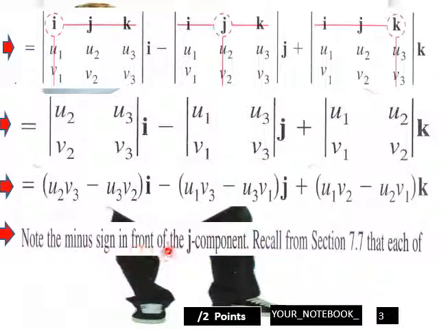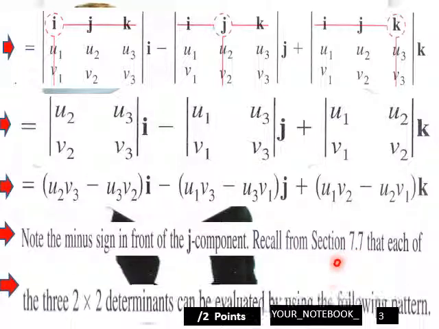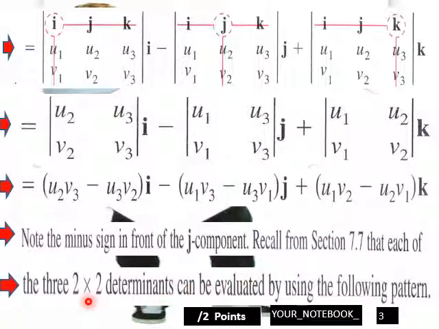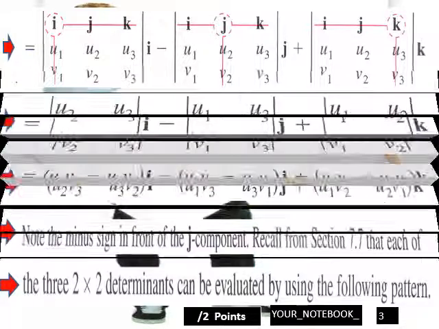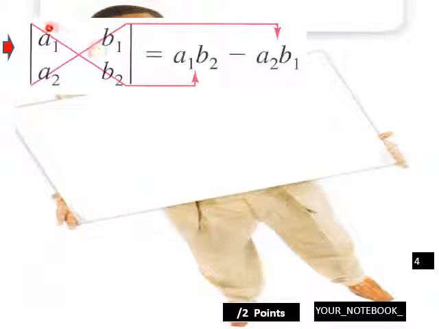Note the minus sign in front of the j component. Recall from section 7.7 that each of the three 2x2 determinants can be evaluated by using the following pattern. We have a1, b2, a2, b1, so it's a1 b2 minus a2 b1.